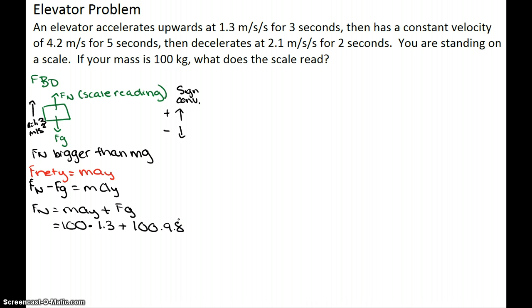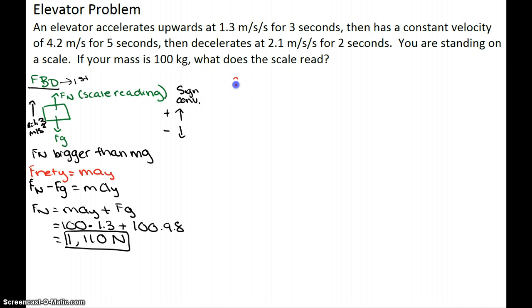Put that in my calculator, and I get about 1,110 newtons is what the scale would read. That's the first part. And look, I never used the time. That was just an extra piece of information.